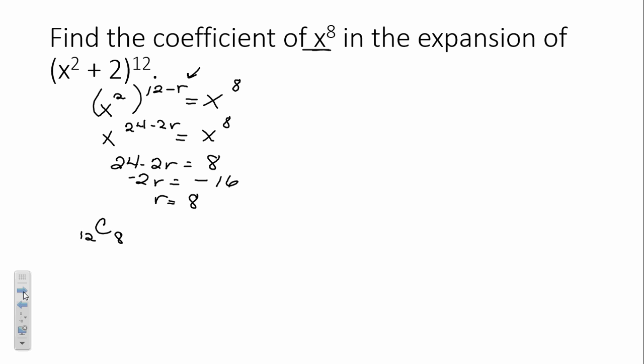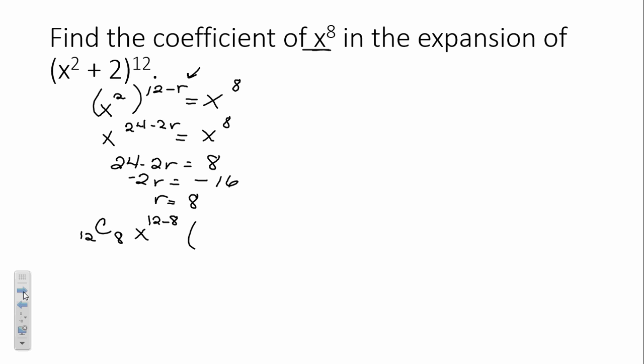It's going to be in there, absolutely, has to be in there, otherwise our coefficient will be messed up. So we know we're going to use this combination. Then x would be to the 12 minus r, right?